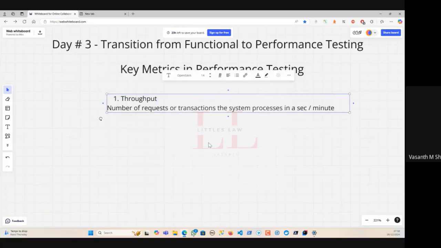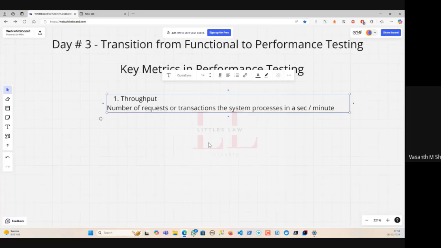It's not just about sending your request. It's about how much time your server takes. You have a server, you have a system, and that has to process the number of requests. Why is it important? You are sending 1000 requests, but your system can handle only 100 requests at a time, in a particular second, in a particular minute.